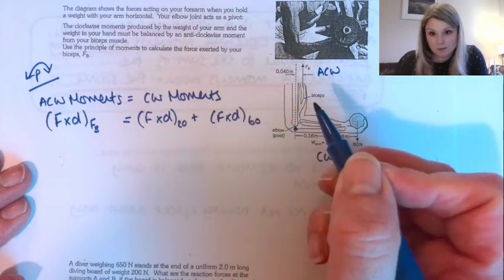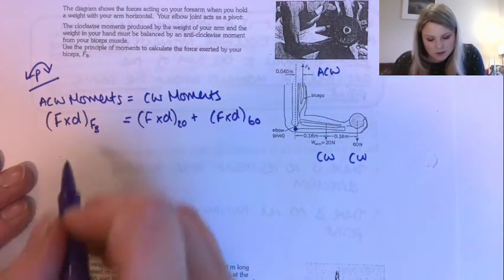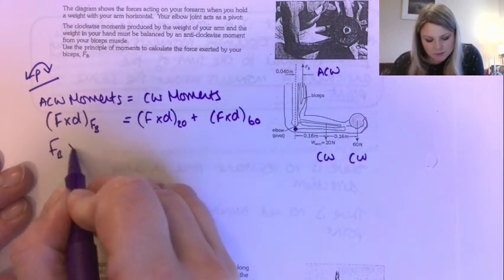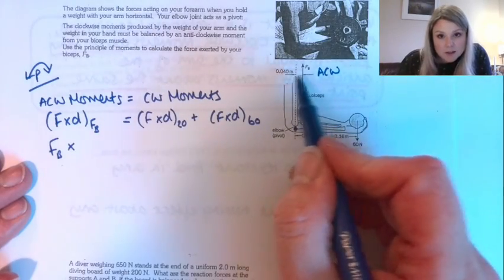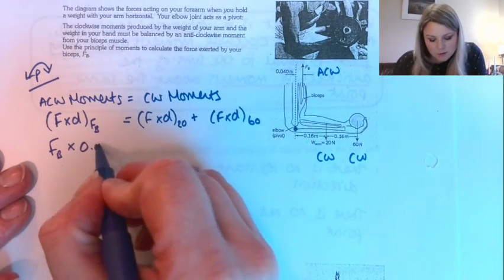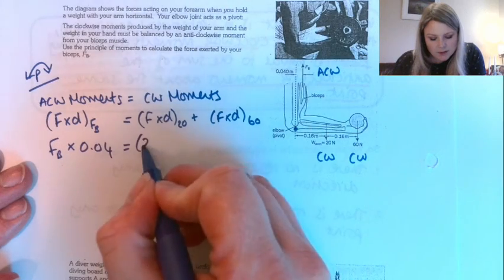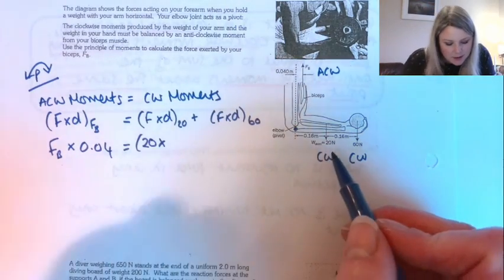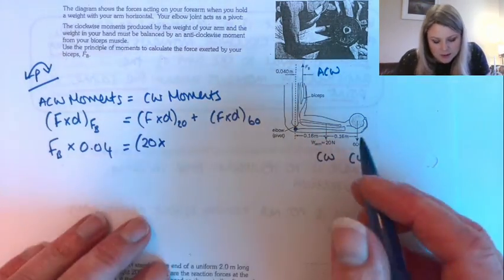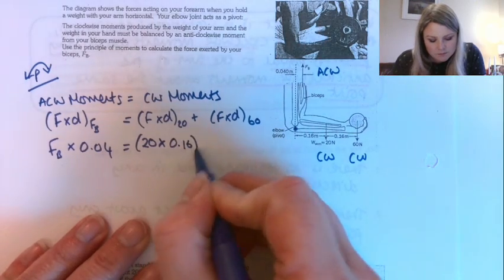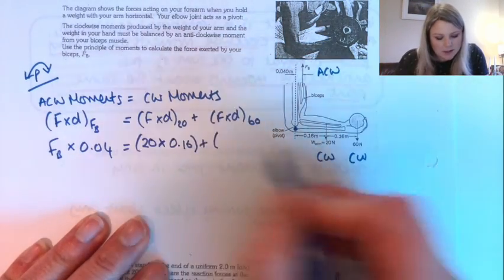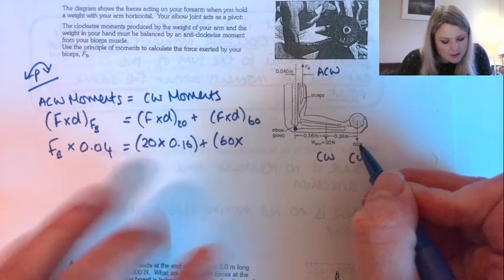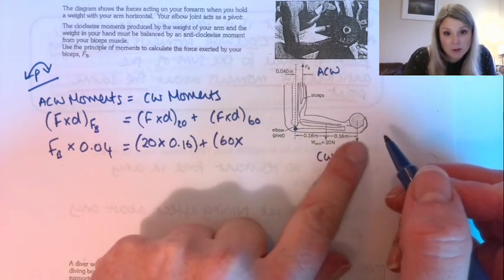Fill in your values. FB is what we're looking for. The perpendicular distance to the pivot here is 0.04. For the 20, the distance to the pivot is 0.16. And then for this one, 60, and the distance to the pivot is 0.32.